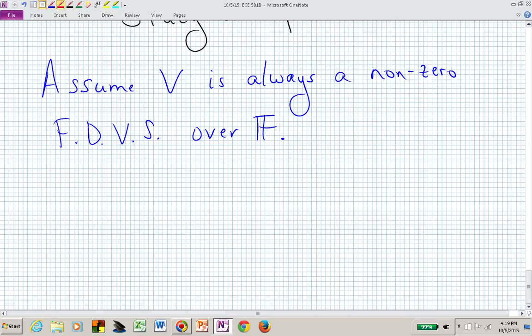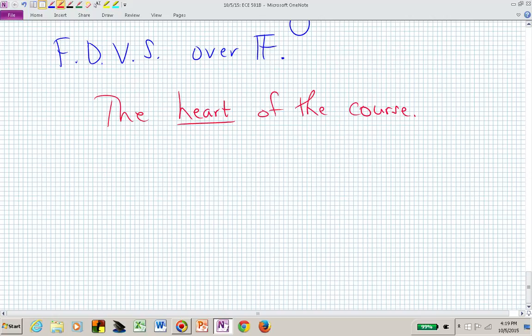And I need to switch colors because this is actually the heart of the class. So now we're thinking about hearts.